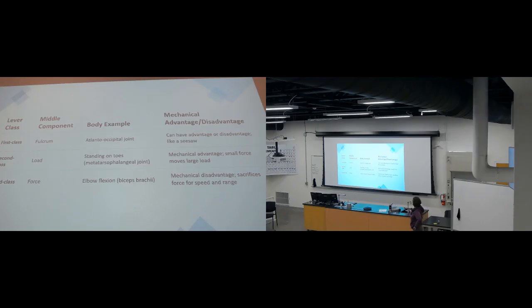So in this case, you will have an advantage or a disadvantage, like a seesaw. It is highly movable. It helps to carry a heavy weight, in this case our head, and the advantage of this is that you can carry a heavy weight, but the disadvantage is that you have to use a lot of force.